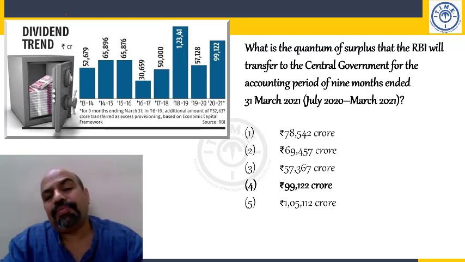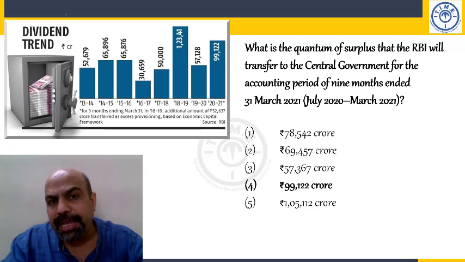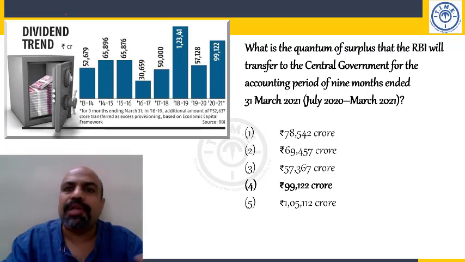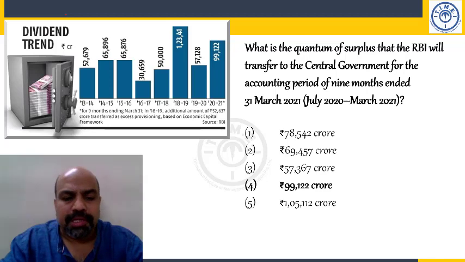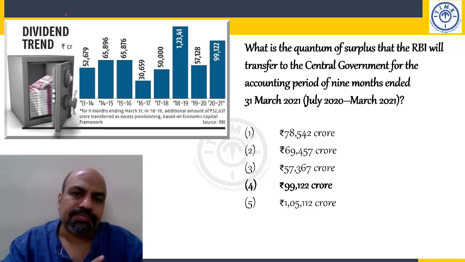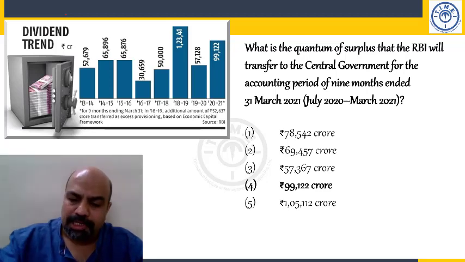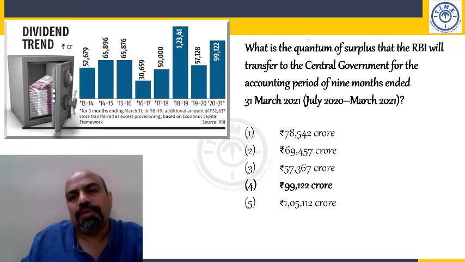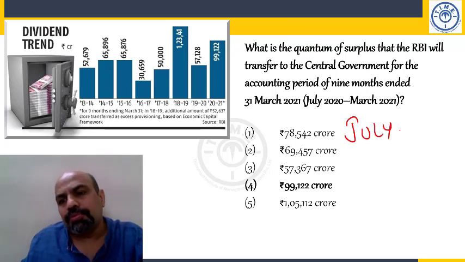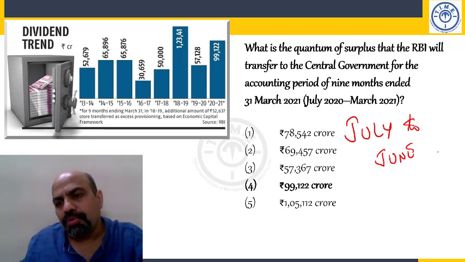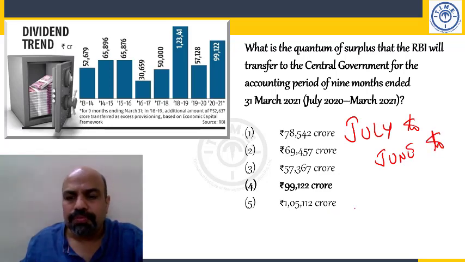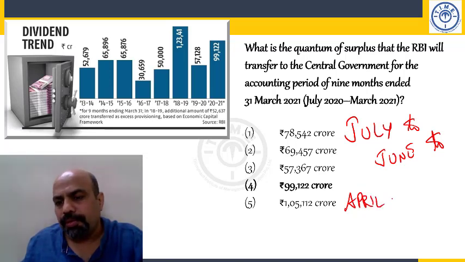The RBI has changed its financial year. The RBI has changed its fiscal year from the traditional July to June to April to March.